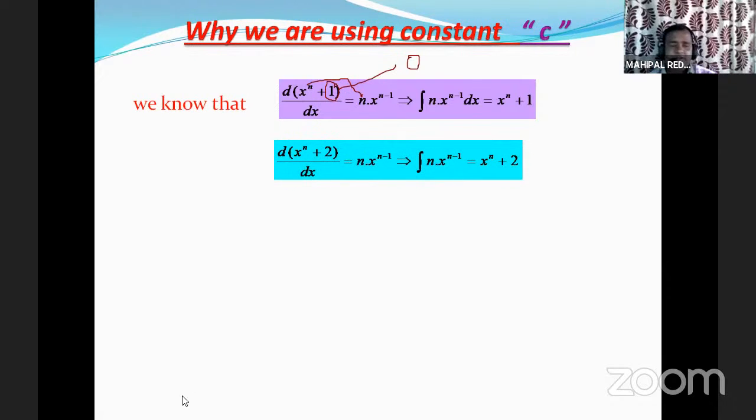Similarly, derivative of x power n plus 2: the derivative of x power n is n into x power n minus 1, and the derivative of 2 is 0. So the integration of n into x power n minus 1 from the second one gives x power n plus 2.